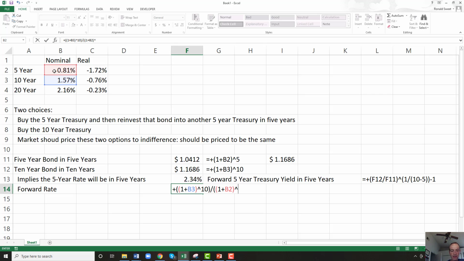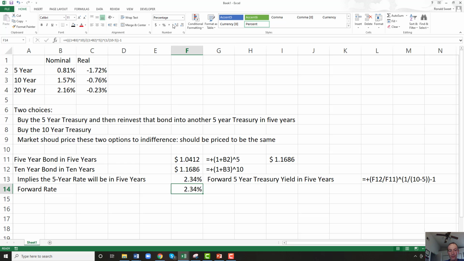So 1 plus the 5-year rate, raised to the 5th. We're then going to take all of that and raise it to 1 divided by the longer period maturity minus the shorter period, 10 minus 5, and then you can subtract 1. And that gives you that forward rate of 2.34. I'll put that formula over on the side so you can see it. That's how you get the actual forward rate.